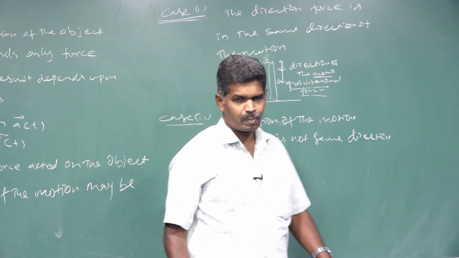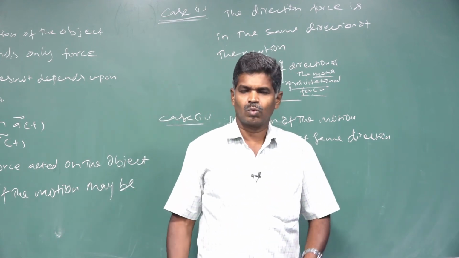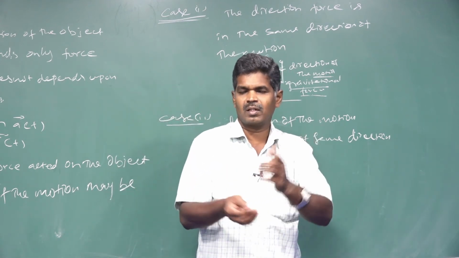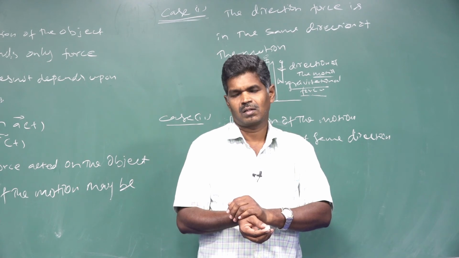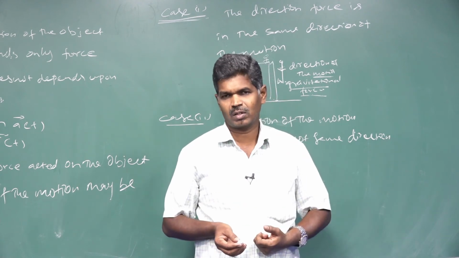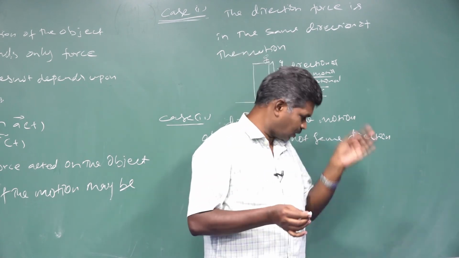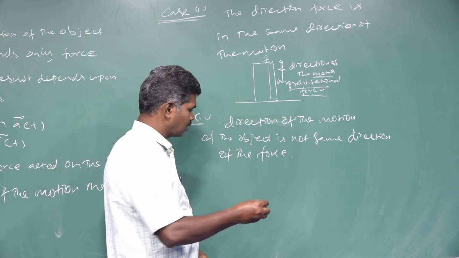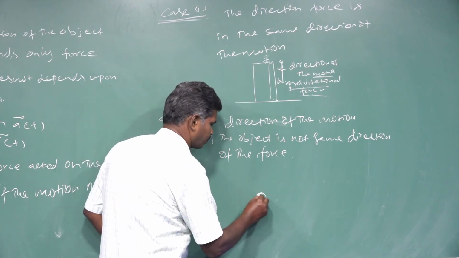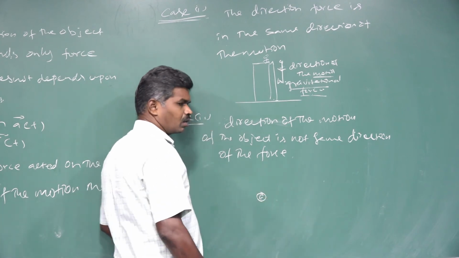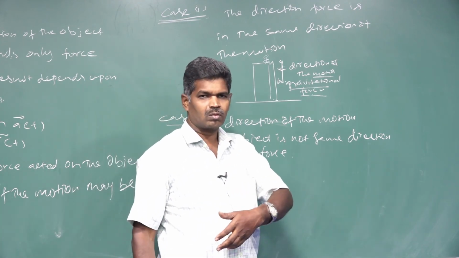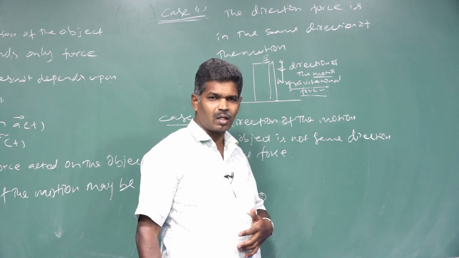Here the movement direction at the instant may be one direction, and the force may act in the opposite or other direction. The best example we can take is the earth and the moon. The moon moves in an elliptical orbit around the earth.